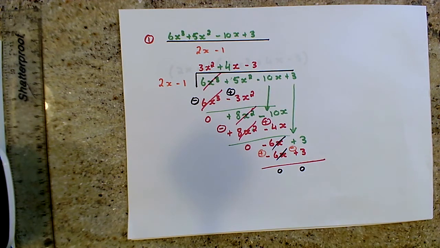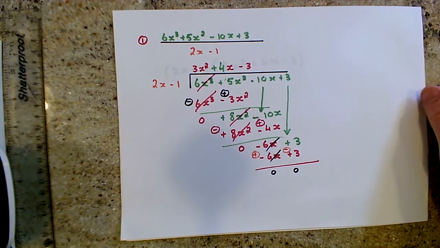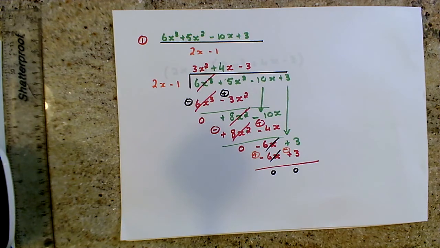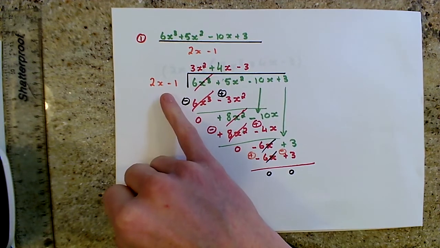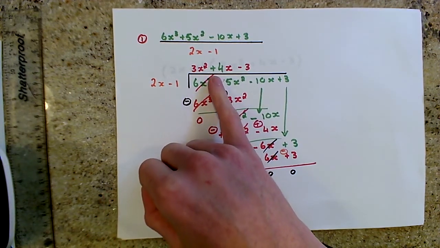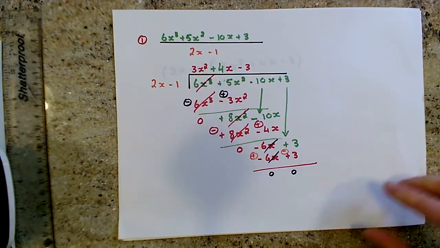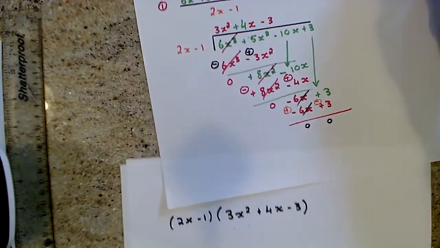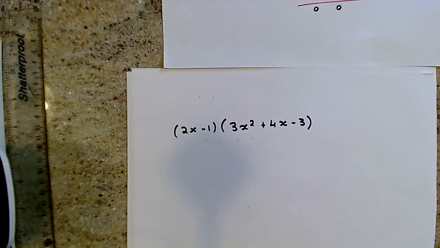So what I'm now interested to do, and this is totally separate to our long division, what we're about to see isn't part of the solution to the long division as such, but I would like to multiply 2x minus 1 by my solution of 3x squared plus 4x minus 3. Okay, and I have that prepared here, and I'm going to go through this relatively quickly.